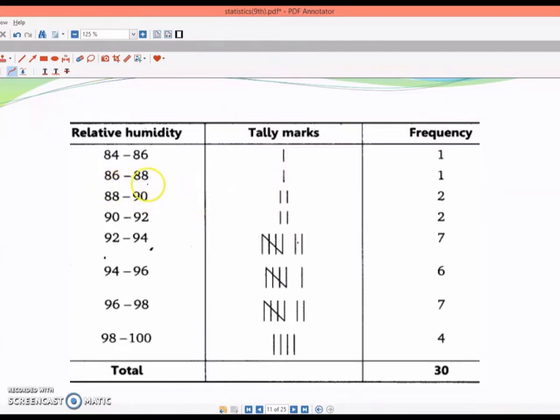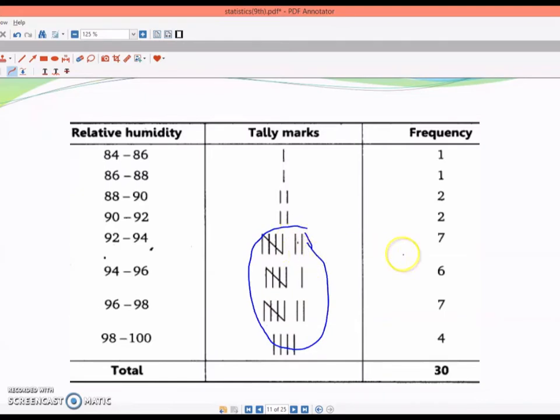Then between 88 to 90, 2 days, and so on. The maximum days of the month had relative humidity between 92 to 94, 94 to 96 and 96 to 98.